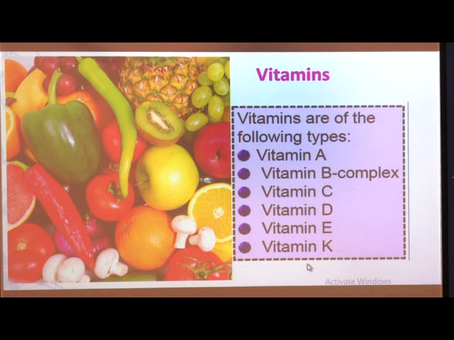In 1753, a sailor carried some lemons on the ship. Many of the sailors were suffering from bleeding gums, and one of them brought lemons to the ship, and they were taking the lemons as lemon juice.